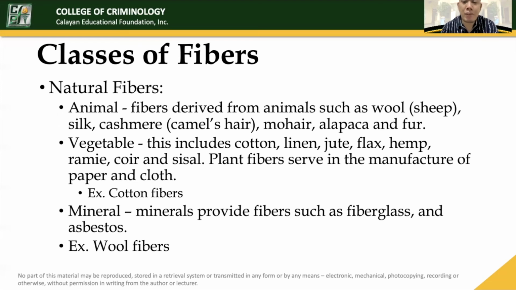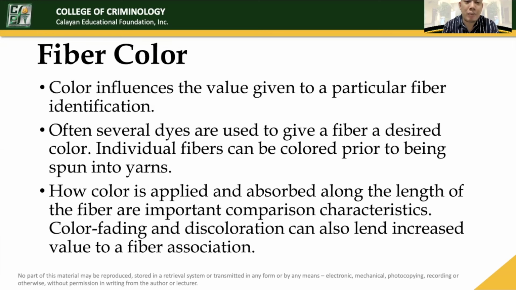So, plant fibers serve in the manufacture of paper and cloth. So, there are also mineral fibers. Minerals provide fibers such as fiberglass and asbestos or wool fibers. But generally, ang kadalasan nakikita natin sa crime investigation ay vegetable fibers, yung mga cotton, yung sa damit talaga.